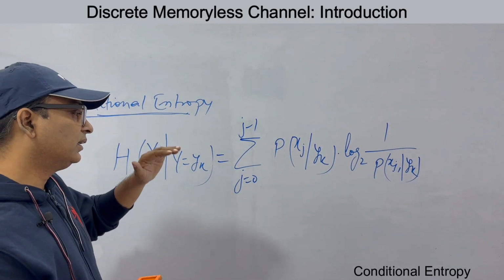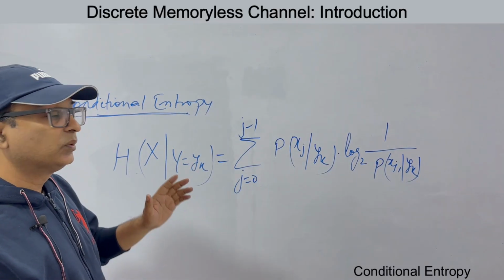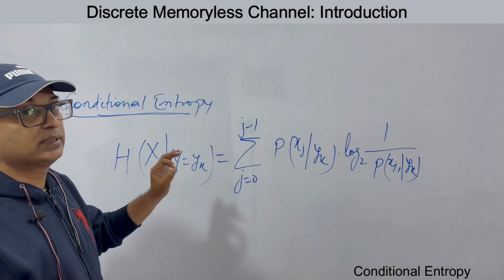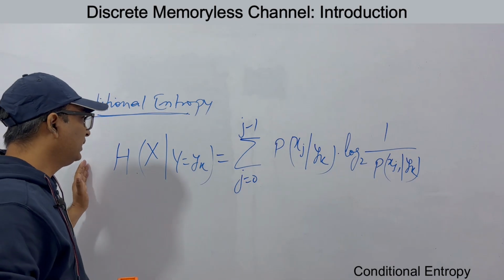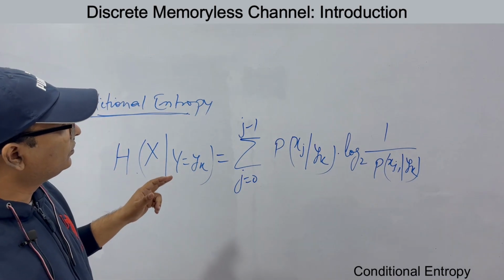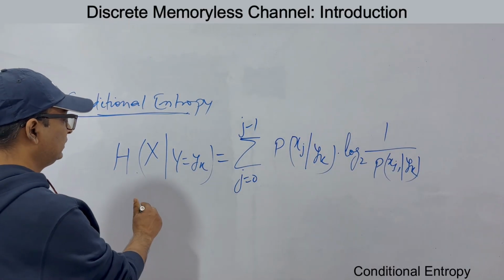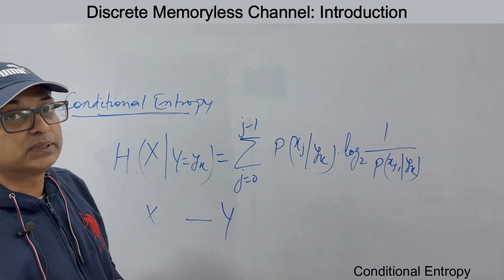So what uncertainty still remains with the input? This quantity explains that average amount, per symbol. Clear? So we define conditional entropy as the average amount of uncertainty remaining about the channel input when the channel output has been observed.